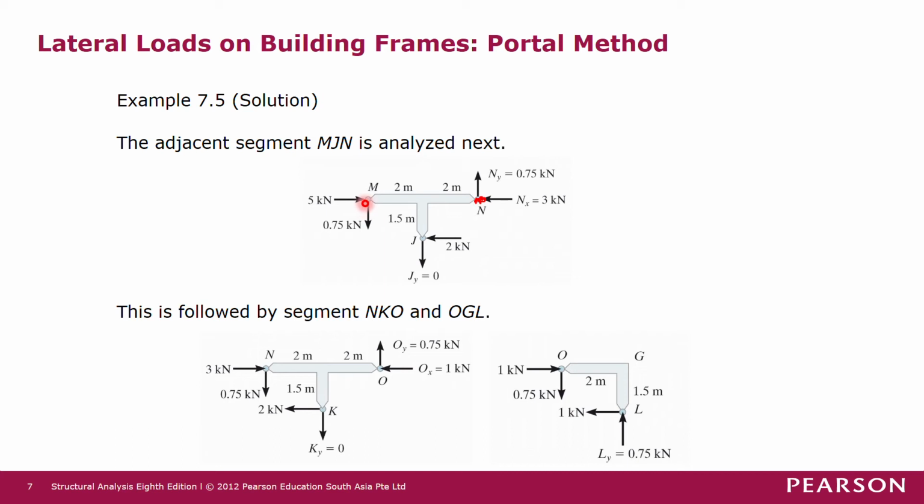So we have 0.75 kN force with 4 meter moment arm, and this produces an anti-clockwise moment about joint N. So we have 0.75 times 4, and then we have Jy with moment arm of 2 meter, and Jy also produces anti-clockwise moment about joint N. So we have Jy times 2, and then we have this 2 kN force with moment arm of 1.5 meters about joint N. So this force will create clockwise moment, so minus 2 times 1.5.